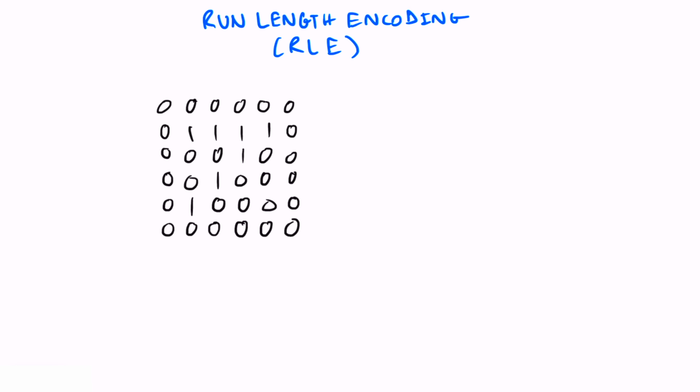So in this first row, we have 6 zeros, so our corresponding compressed row is just 6 zeros. We can use the form count, type.